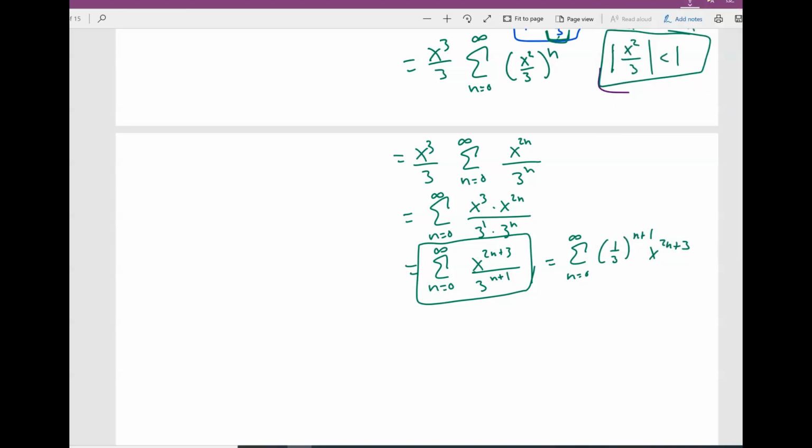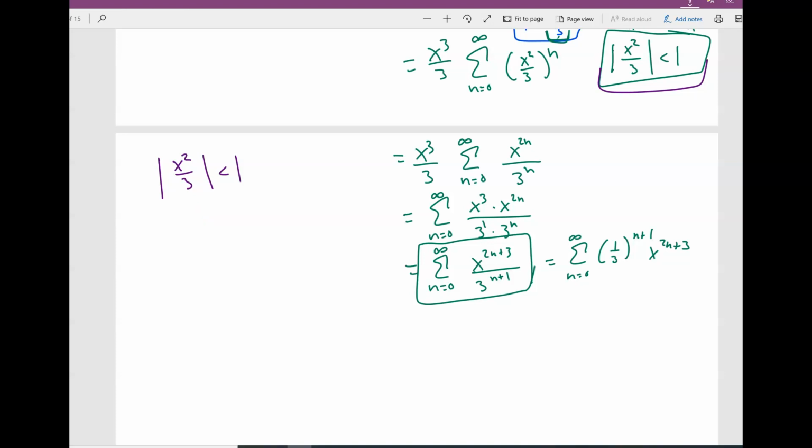So now it's time for this one. I have the absolute value of x squared over 3 less than 1. Now I'm going to get rid of the absolute value. Actually, let me do this instead, because then that one's going to look weird.